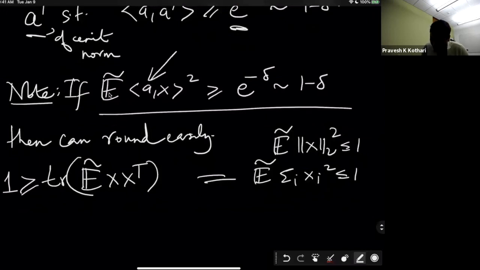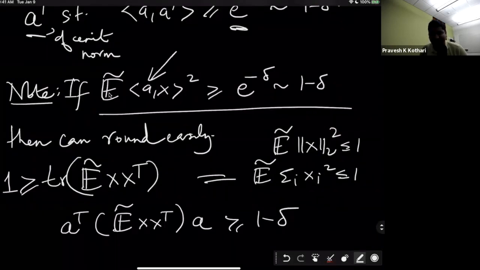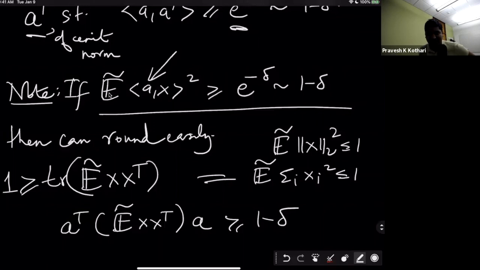So we have a PSD matrix with trace at most 1. What does this inequality say? It says that A transpose pseudo expectation XX transpose A is at least 1 minus delta. It means that the matrix has at least one eigenvector with eigenvalue bigger than 1 minus delta. Still with me?